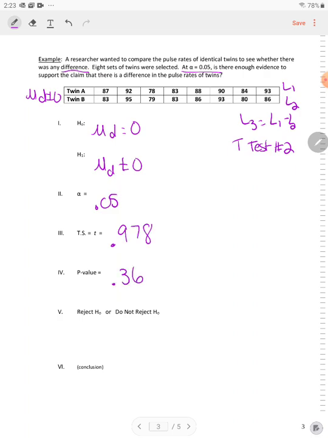How does 0.36 compare to 0.05? It's greater, so we do not reject.